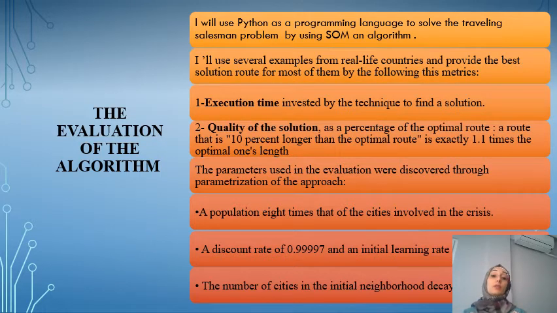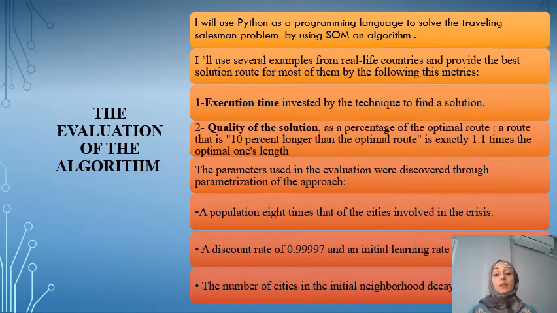So I will use several examples from real-life countries and provide the best solution route for most of them by following these metrics: execution time and the quality of the solution. Execution time is the time invested by the technique to find the solution. Quality is the quality of the solution as a percentage of the optimal route.